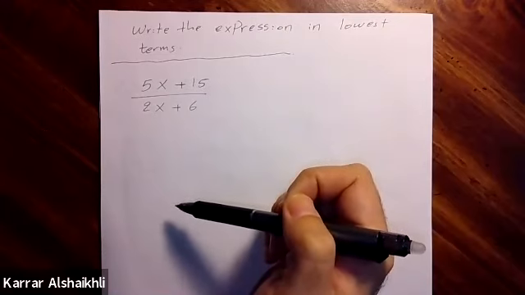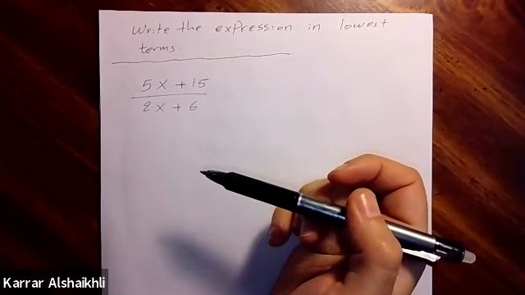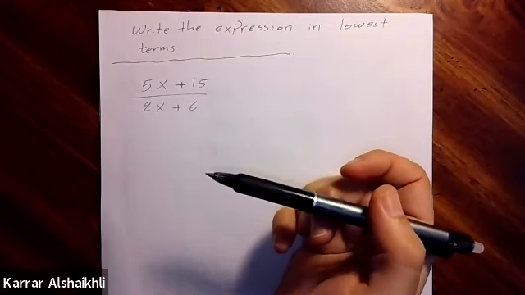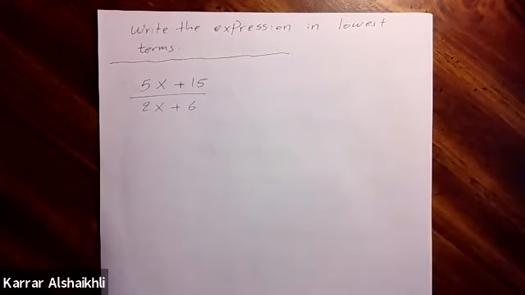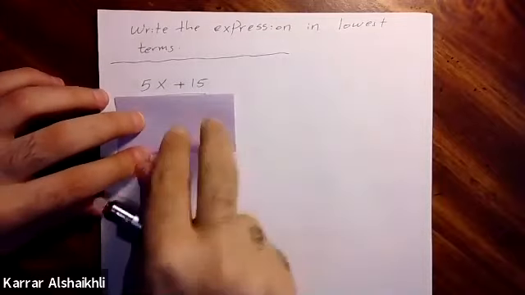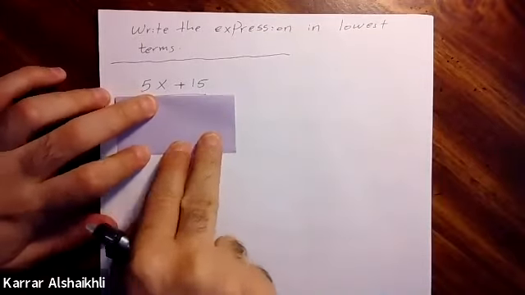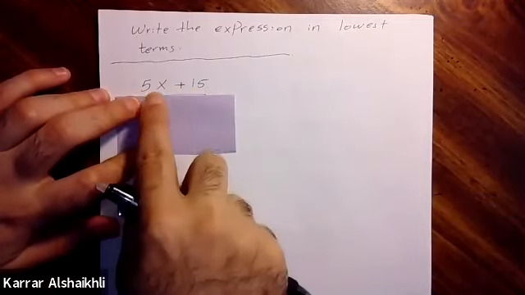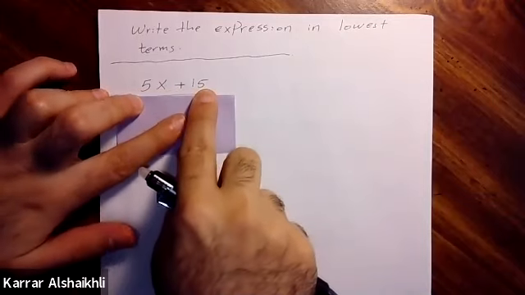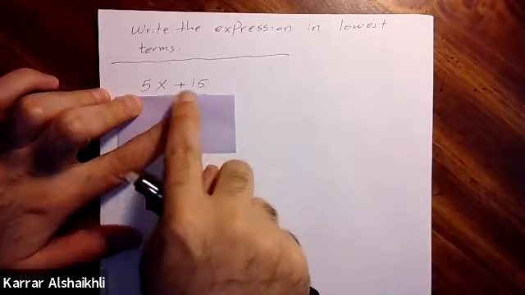But how? If you look at the first part, the one on the top, what's the common factor between 5x and 15?